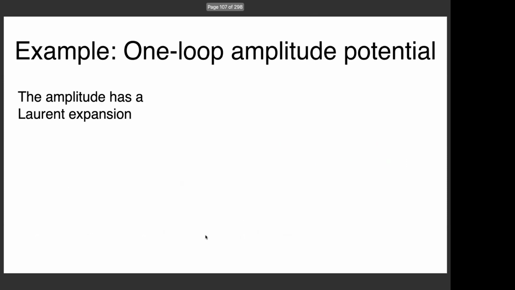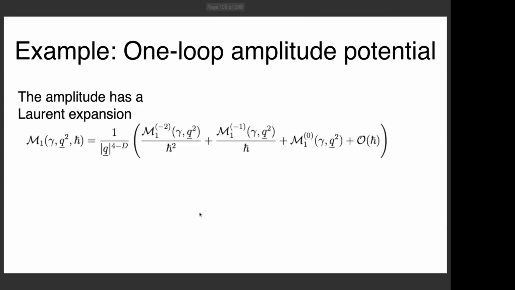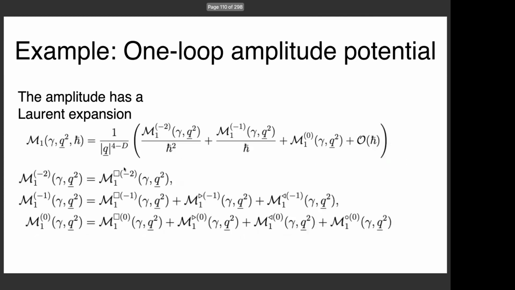So we can write out what we expect from the Laurent expansion. So, for instance, if we look at the general formula, we should expect a term that comes with minus 2 powers of h bar, 1 power of h bar, and h bar to the 0. And then we can analyze the various integrals that appear.